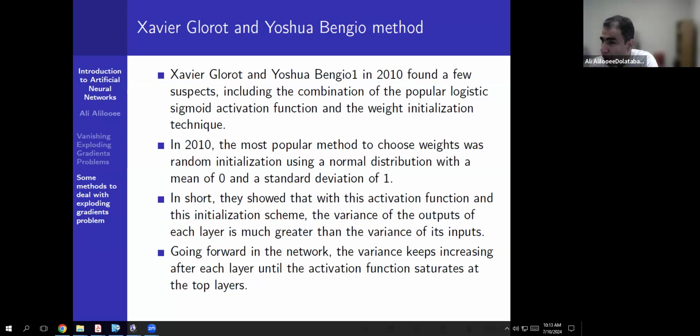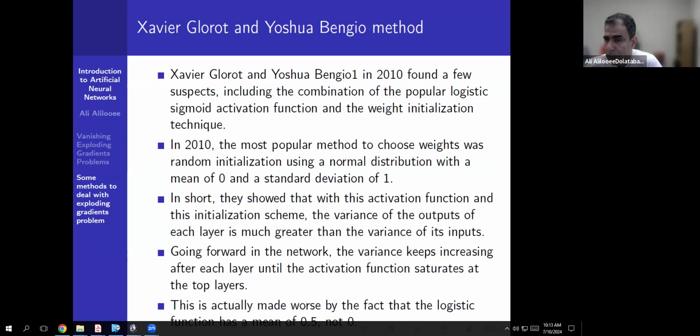Therefore, when you have lots of layers, the variance gets bigger and bigger, and they noticed that this may cause an issue. This is made worse by the fact that the logistic function has a mean of 0.5, not 0.